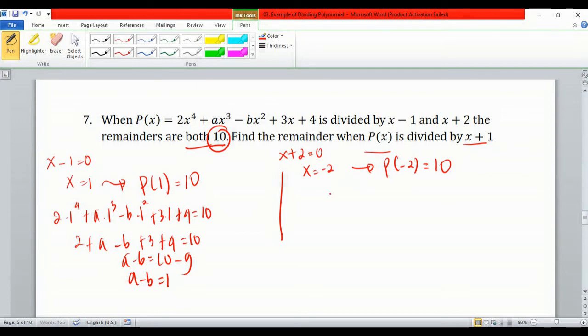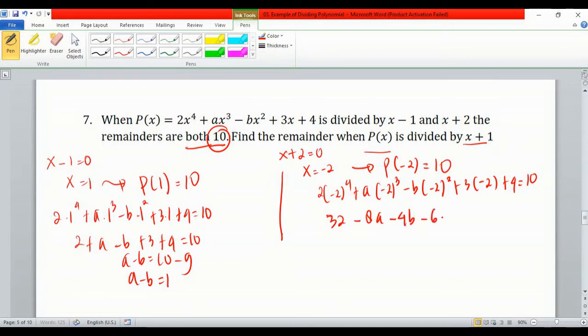And then here, 2 times minus 2 power 4 plus a times minus 2 power 3 minus b times minus 2 power 2 plus 3 times minus 2 plus 4 equals 10. So this is equal to 32, and then minus 8a minus 4b minus 6 plus 4 is equal to 10.